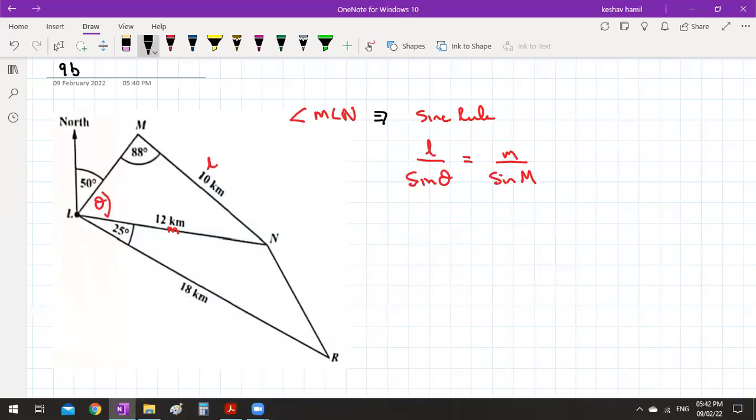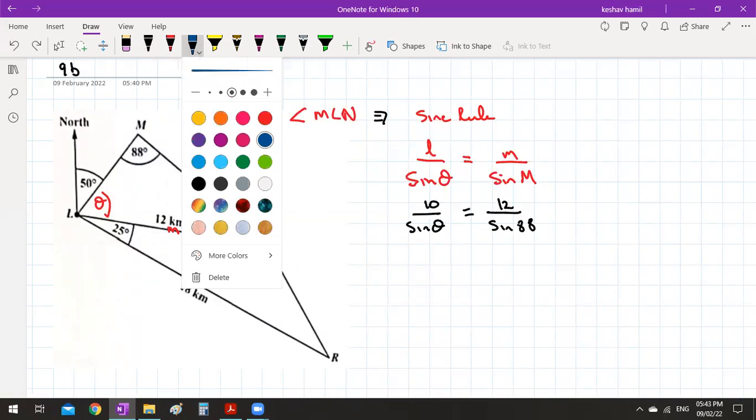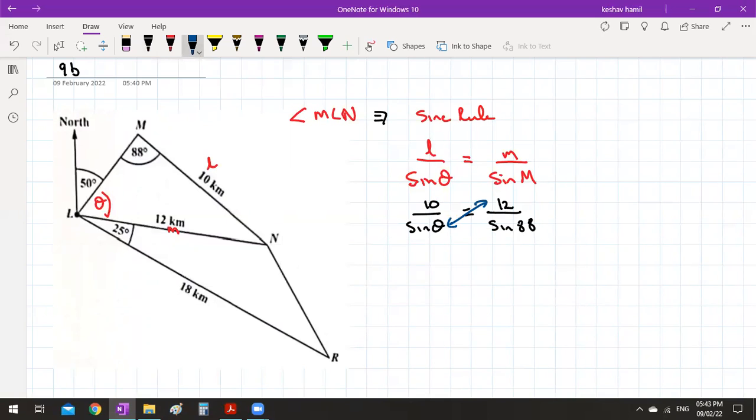And then we can fill it in. So small l is 10 over sine theta. We don't know what the value of theta is as yet. m is 12 over sine 88. Now, we want to find this. We want to make it the numerator. Right, so we could switch the positions of these using cross multiplication and say that 10 over 12 is equal to sine theta over sine 88.